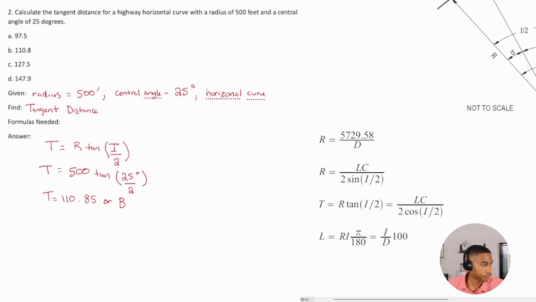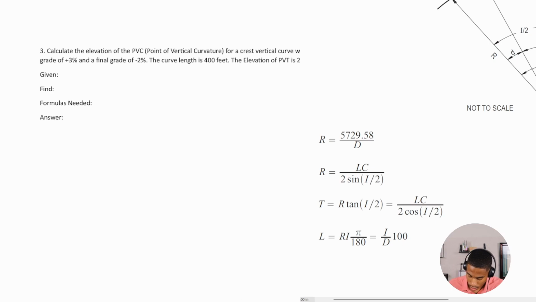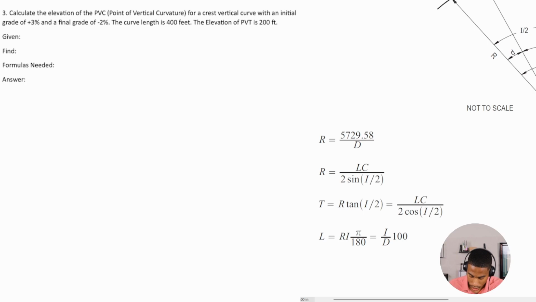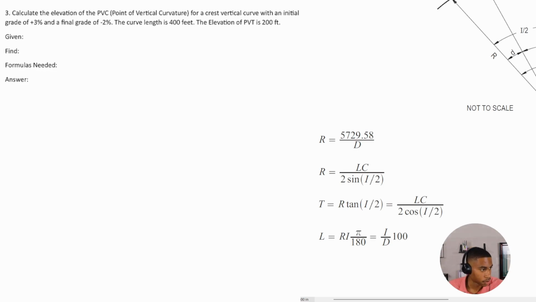All right. Let's go to number 3. Okay. So this one says, calculate the elevation of the PVC, point of vertical curvature, for a crest vertical curve with an initial grade of plus 3% and a final grade of negative 2%.